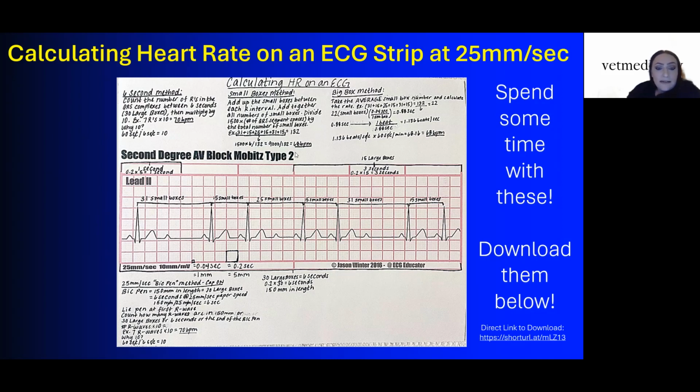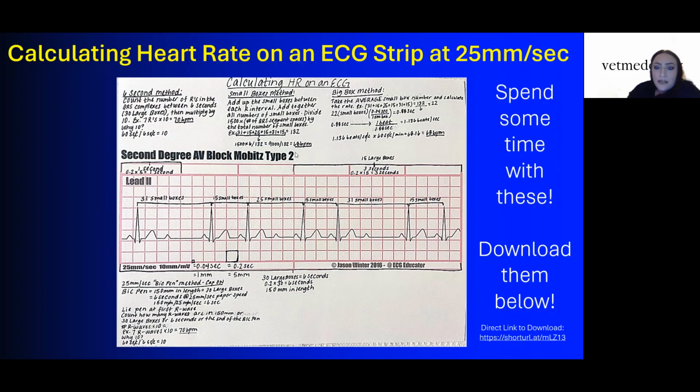So 6 seconds on the strip, which is equivalent to 30 large boxes, then multiply by 10. So you have 7 R waves times 10, 70 is your BPM, beats per minute. So why 10? Because 60 seconds divided by 6 seconds equals 10.